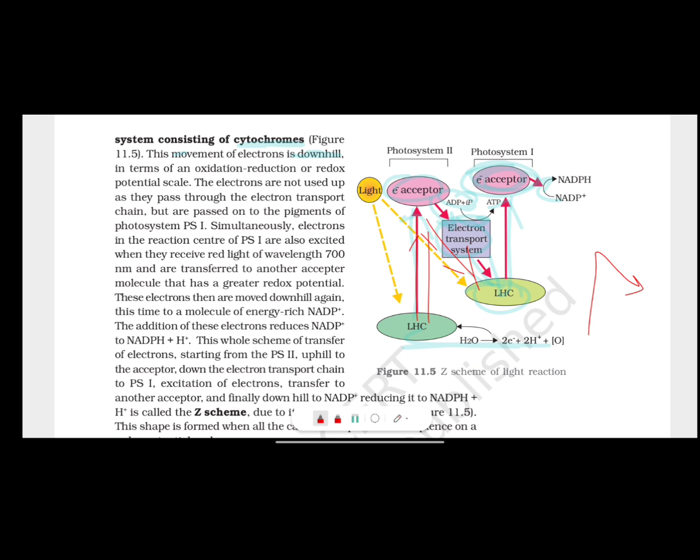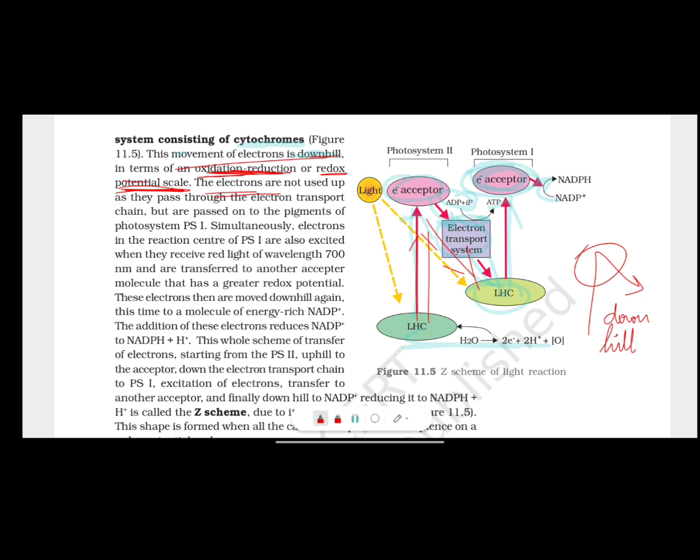This looks like downhill. So the movement of electrons is downhill in terms of the oxidation reduction or redox potential scale. What is the redox potential scale? Oxidation reduction in the downhill is known as the redox potential.